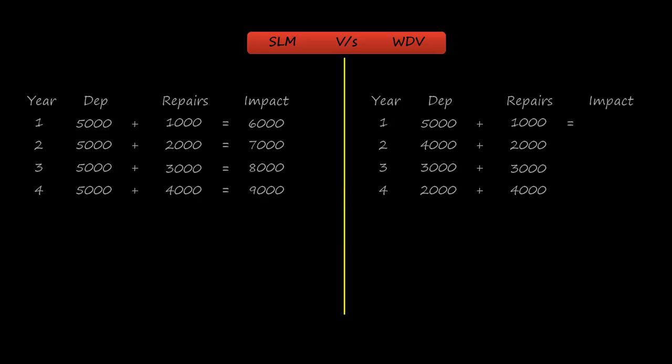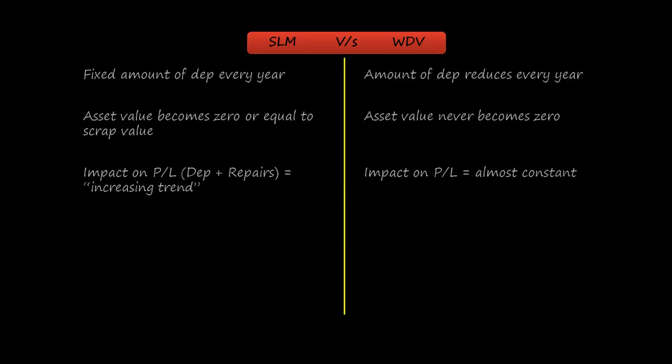It's 5,000 plus 1,000, so in the first year it is 6,000, second year 6,000, third year 6,000, fourth year 6,000. So can I say that under the reducing balance method or WDV method, the overall impact of depreciation and repairs on the P&L account is constant? Okay, I hope you got this. So here I say that impact on the P&L account is almost constant.